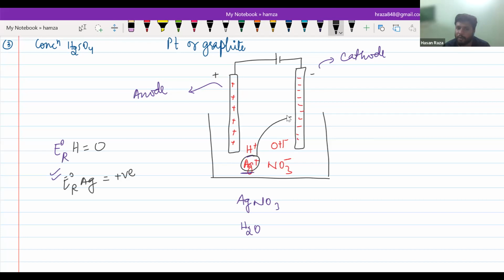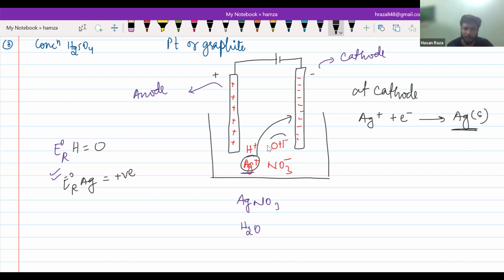That's why it will go to cathode. So what happens at cathode? Ag+ gains one electron from cathode and is converted to Ag. So the product at cathode will be Ag. That means silver will be deposited at cathode.